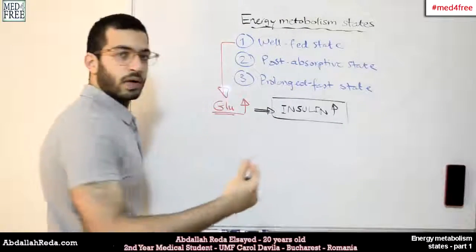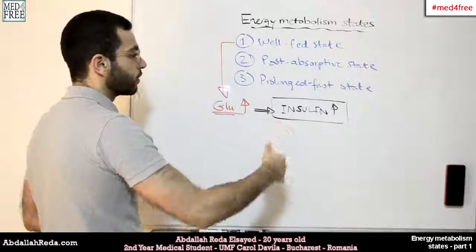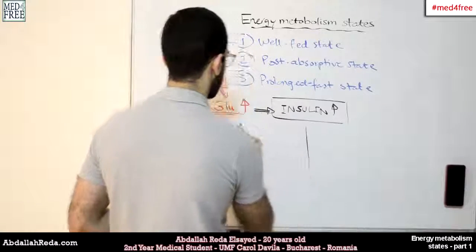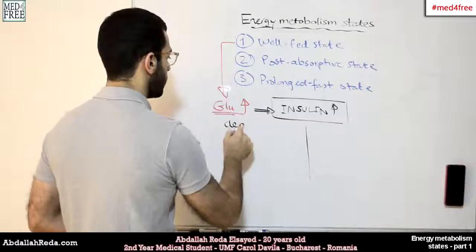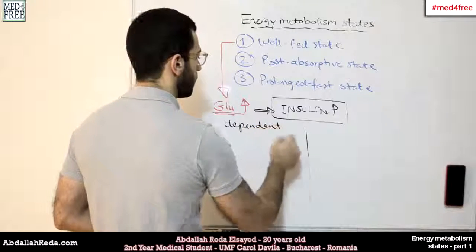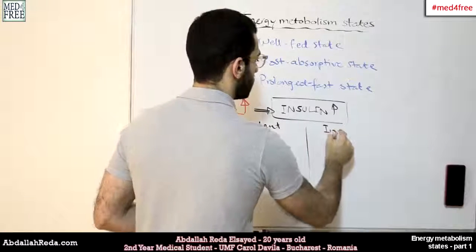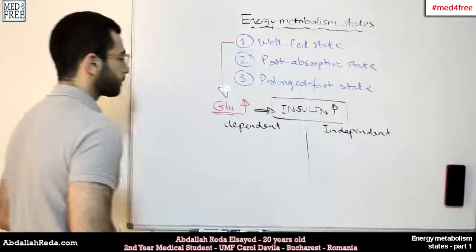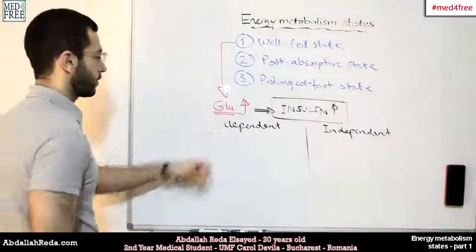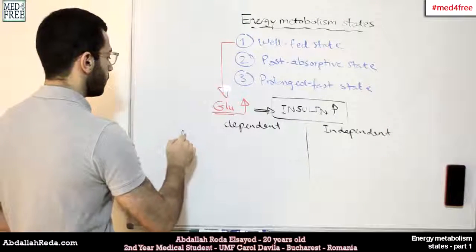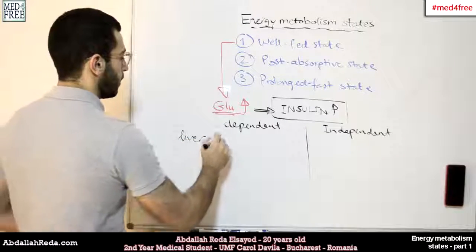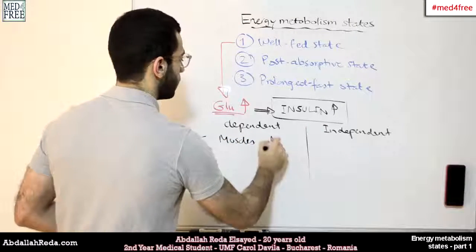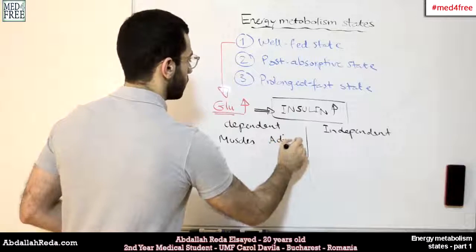In order to categorize the structures according to the effect of insulin, we can have two categories. We would have insulin dependent and insulin independent structures. The insulin dependent structures are the liver, muscles, and adipose tissue.